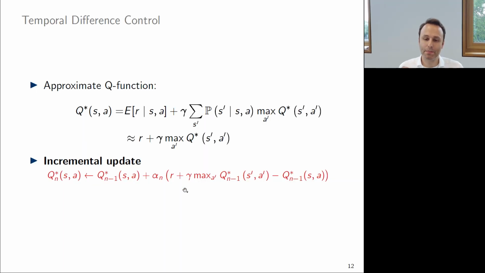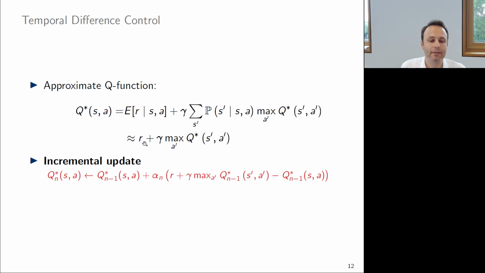Now, temporal difference control helps us also to do more, to find the best policy, which is the goal of reinforcement learning. So here we take a Q function, and we want to get the best one. That's why there is a star. And that's the Q function under knowledge of the reward model and the transition model. But since we want to learn that, we are working model free.